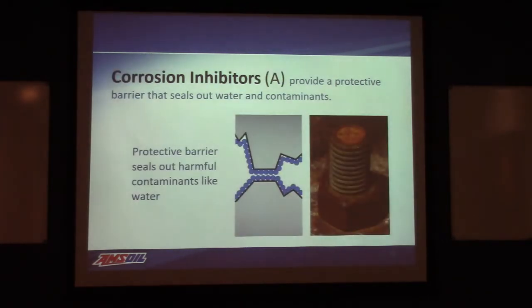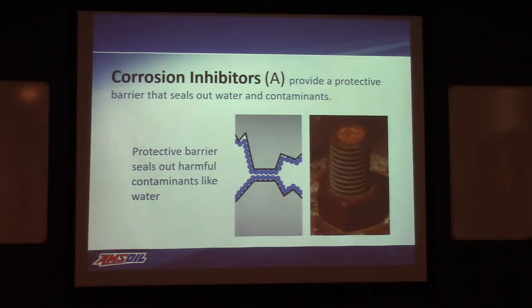Corrosion inhibitors, and I've got two parts in here. First of all, you want inhibitors in there that will set up a barrier to keep things like acids, if we're talking about rust corrosion, to keep moisture and oxygen away from the component itself.